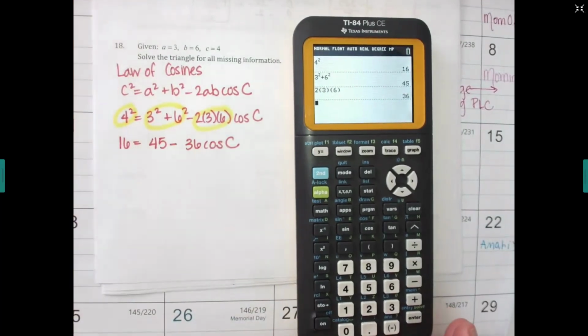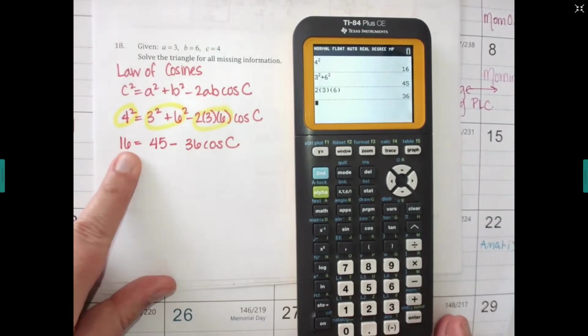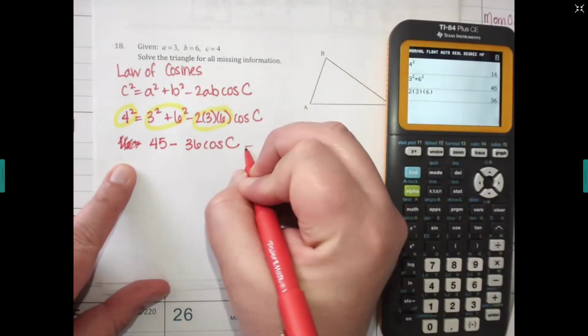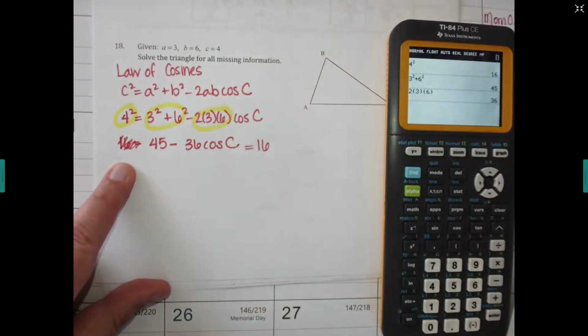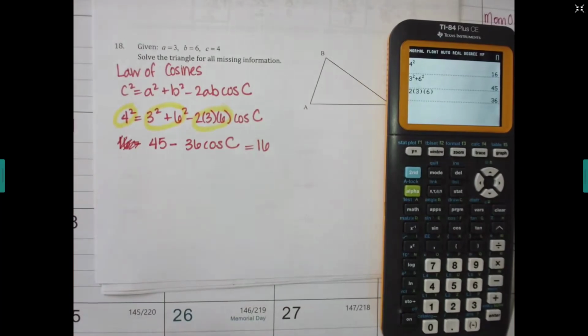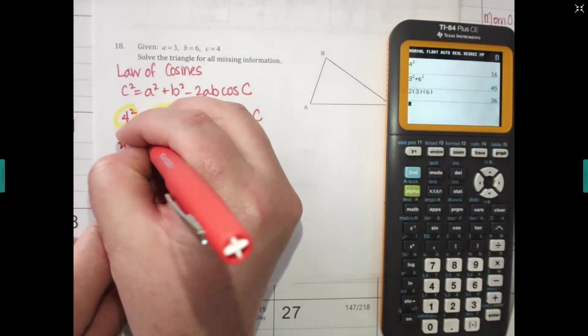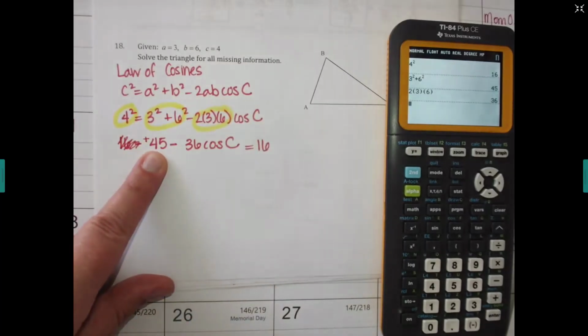Okay, y'all know that I don't like the 16 on this side. This is really just a preference, but I'm going to scribble it out and move it across. So now it's an equals 16 over here. Okay, what do I do next? I want to get rid of this 45 from the front, and it's a positive 45. So how can I cancel that out?